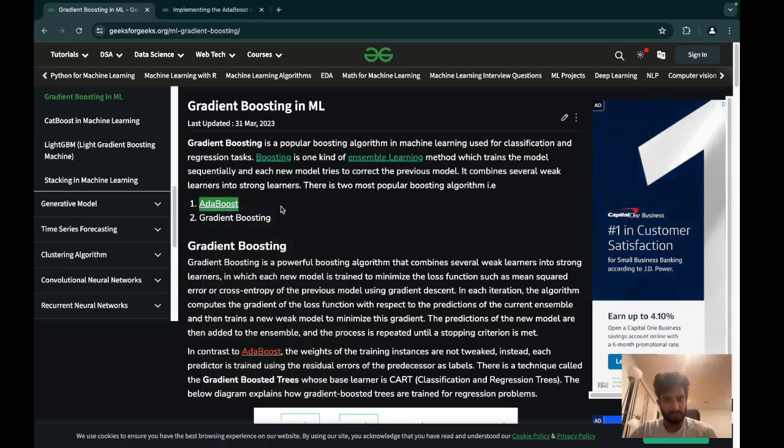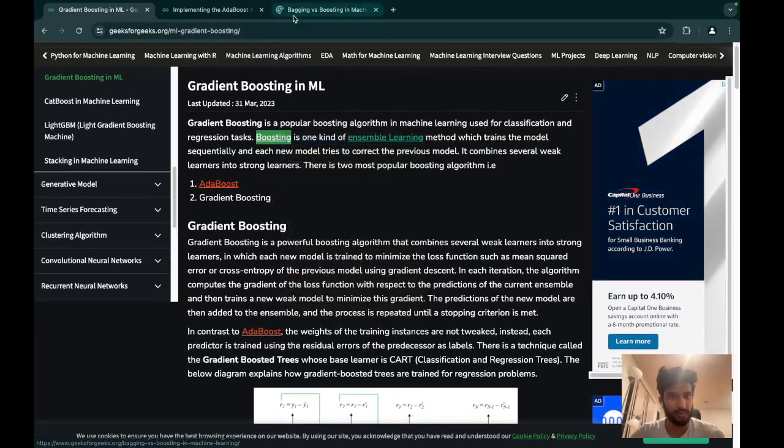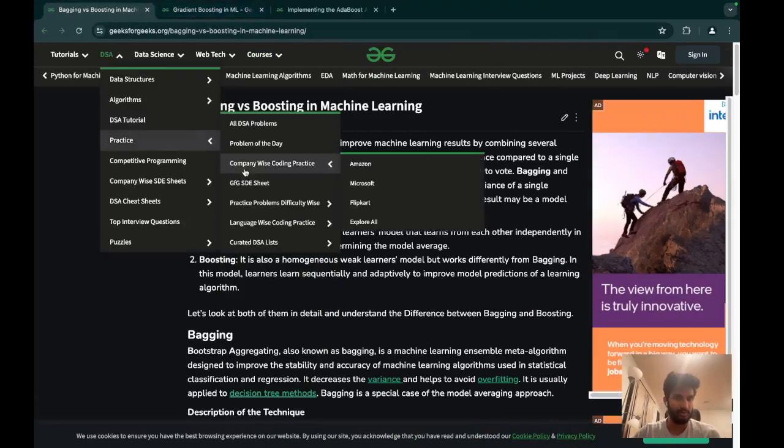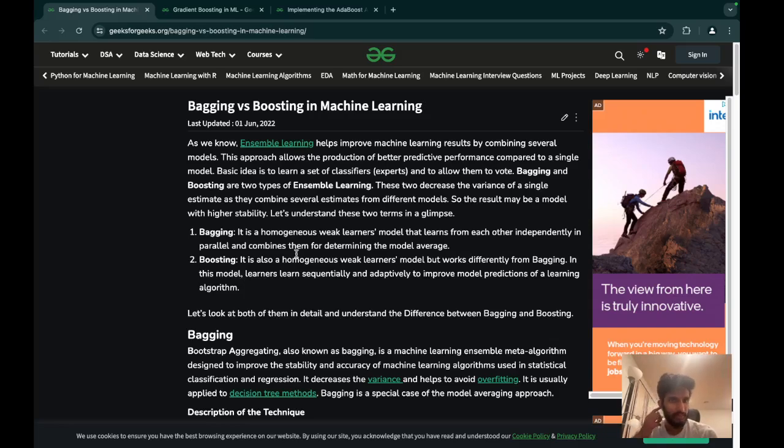Let's go through this first. As we know, ensemble learning helps improve machine learning results by combining several models.